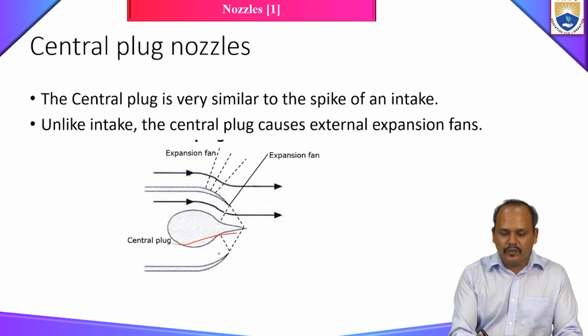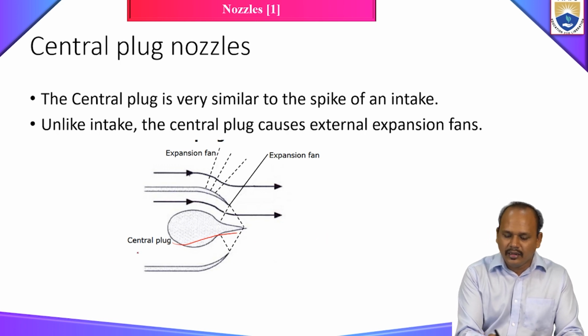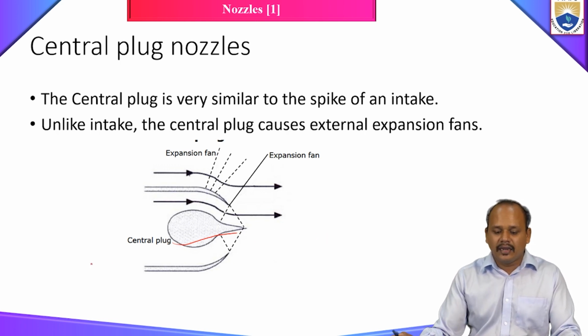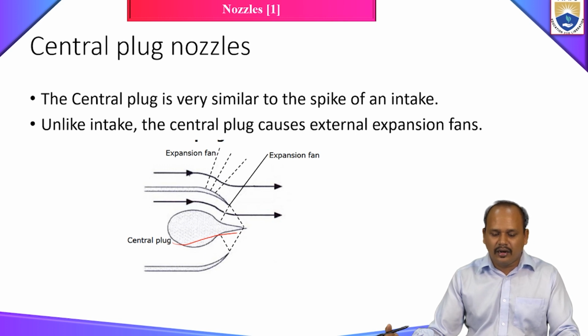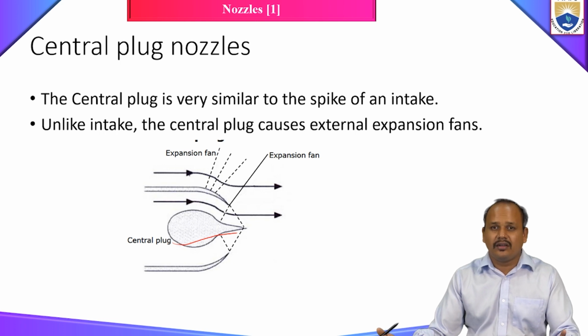By adjusting the location of the central plug, either by moving it in the forward direction or in the backward direction, I can vary the throat area. Obviously I can vary the throat area, and I can vary the exit area. So either of two ways.